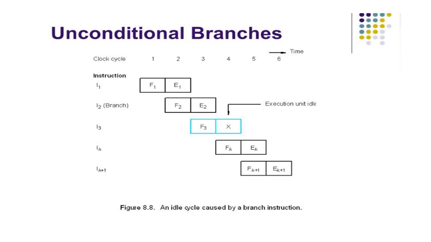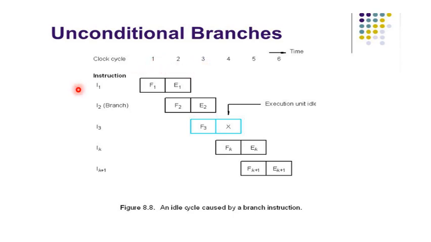That is, there will be a cache miss. A branch instruction may also cause the pipeline to stall. We will now examine the effect of branch instructions and the techniques that can be used for mitigating their impact. We start with unconditional branch. The figure shows a sequence of instructions being executed in a two-stage pipeline, that is, the instructions I1 to I3.